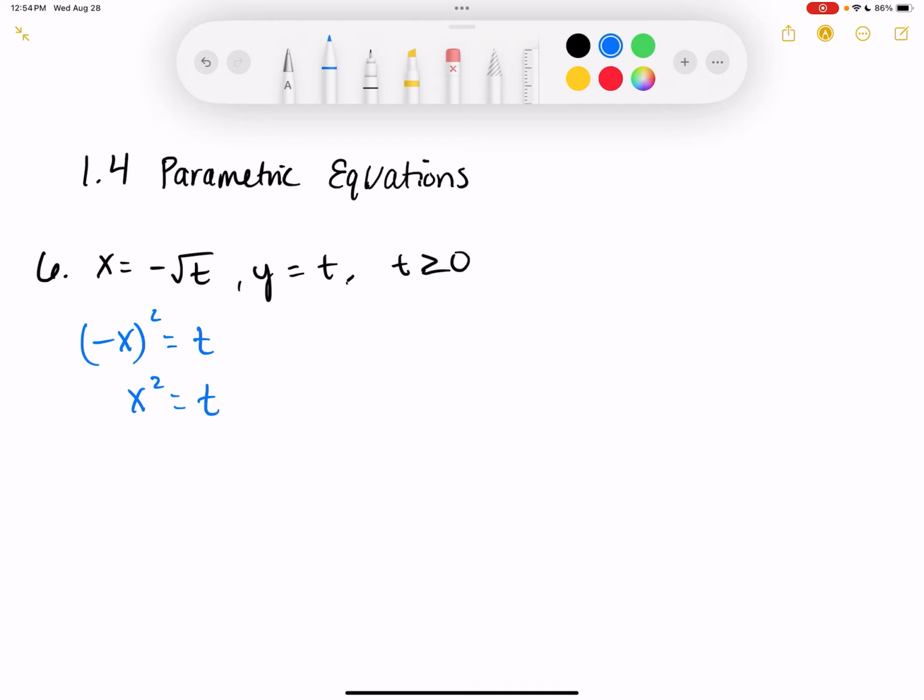So, t for y. Other way. Eliminate t: x squared equals t, t's y. Yes. Okay, that's what I was trying to say. I figured that's what you meant. So I would get x squared is equal to y, and it wants us specifically to.